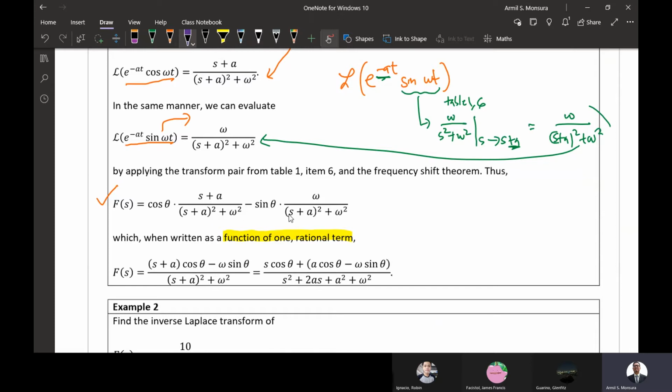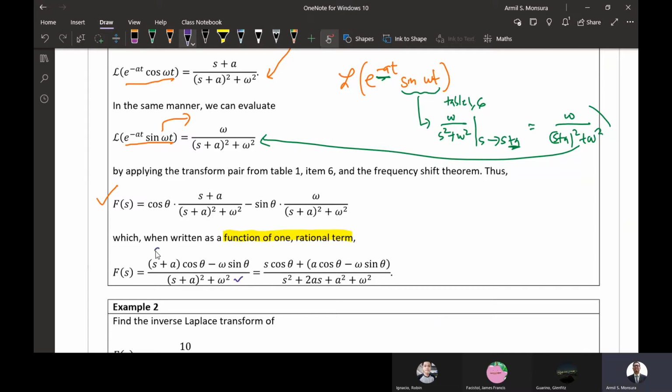So, the least common denominator of these two functions is ito naman na. Okay, pareho naman siya denominator eh. Okay, so we can simply just have this as (S plus A) times cosine theta minus omega times sine theta. Okay, and then i-expand natin ito.